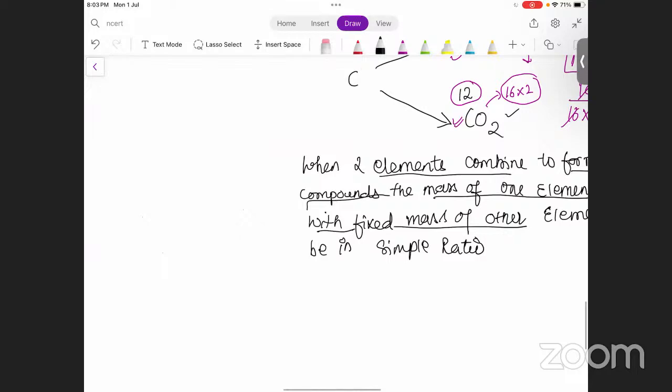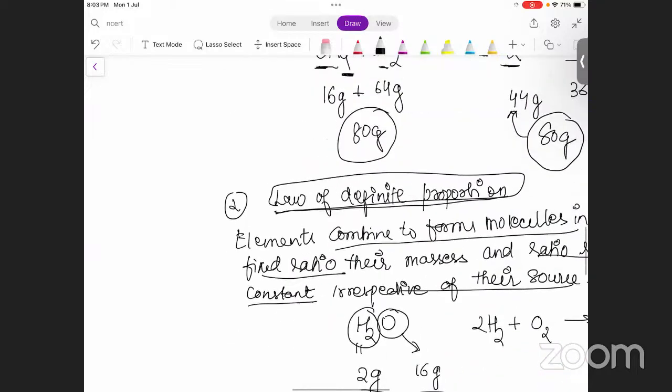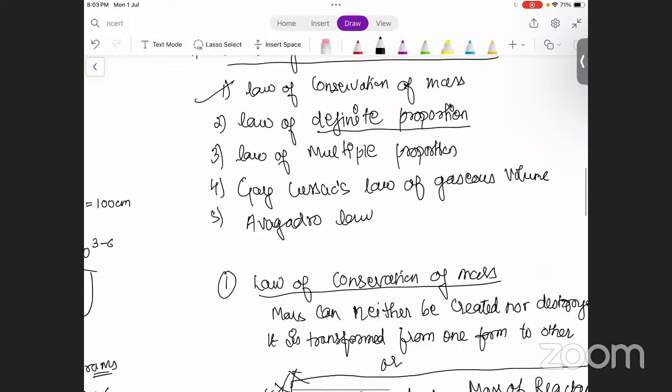So these three laws are done. Among these, the one which was very important for you to understand is the law of multiple proportion. This law says that we have to fix the mass of one element, and then if we compare the mass of the other element, it will be in the simple ratio.